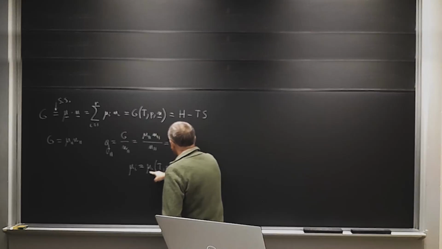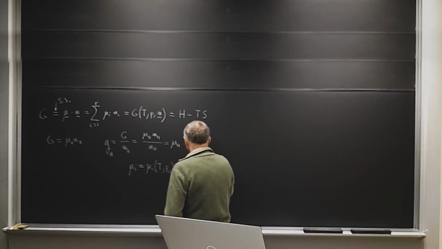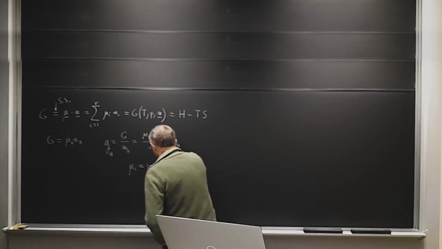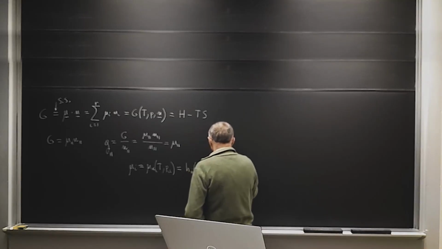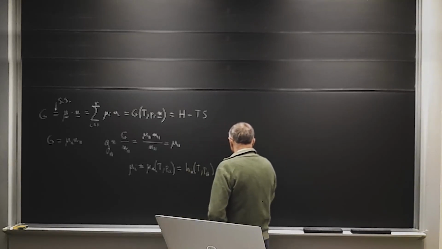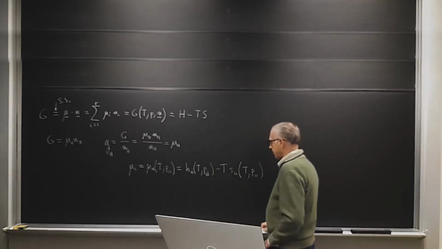But since this is G, it can also be written as H. I'm sorry, this is u double i. H double i at temperature T and the partial pressure, minus T s double i at T and the partial pressure.